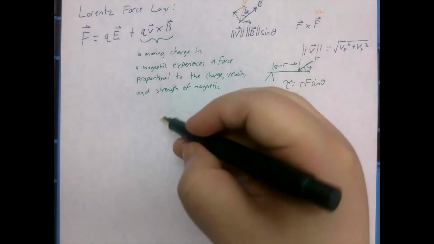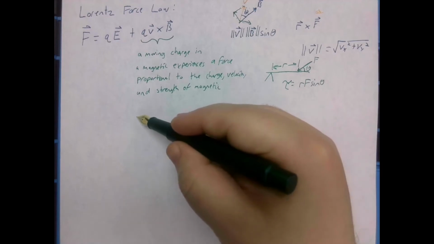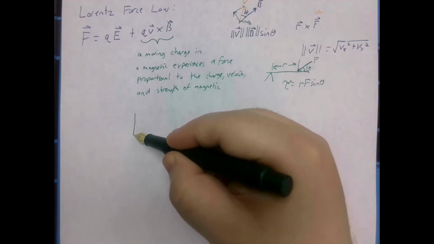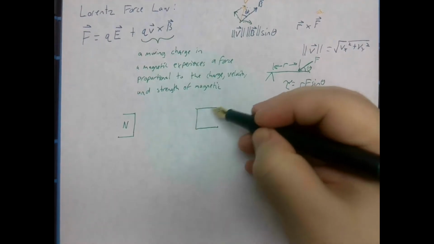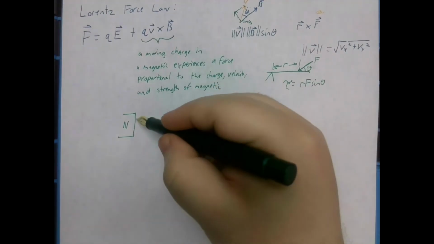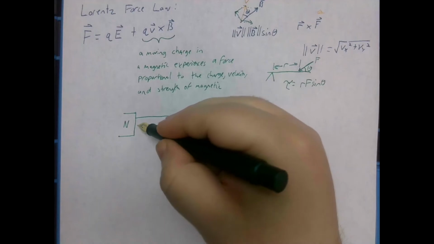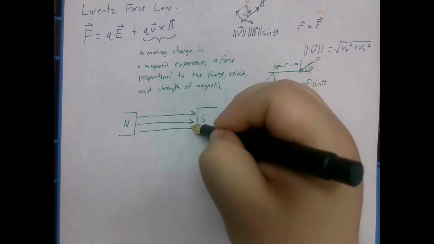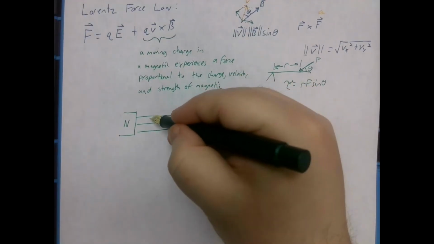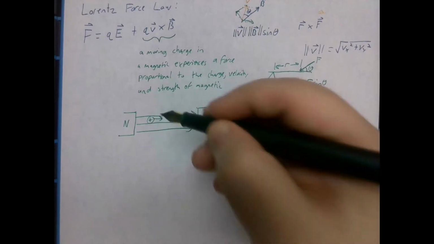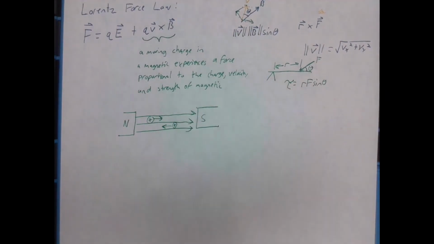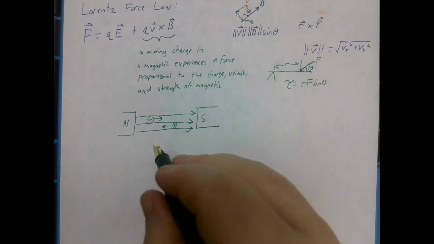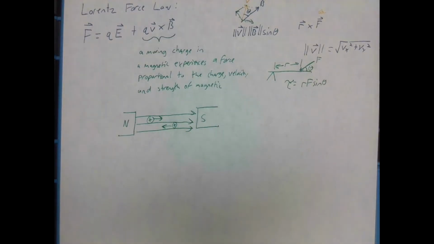Because it's a cross product, what that means is if we have a magnetic field like this, we have a north and a south. We draw the lines from the north like this. What this means is if we have a positive charge moving in this direction, or a positive charge moving in this direction, the force due to the magnetic field is zero.